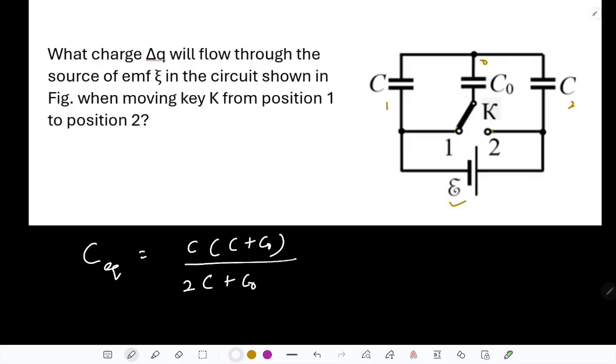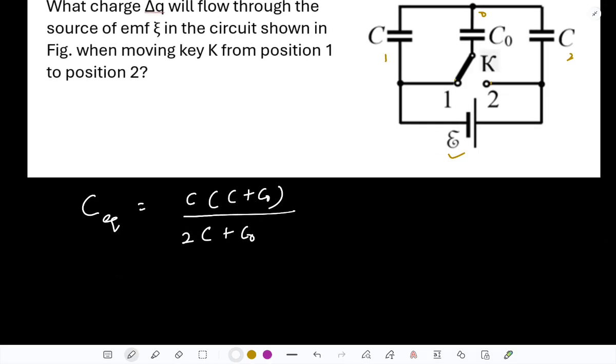And now we can find the charges on the individual capacitors. The charge on capacitor C is Q1, and Q1 you can find it.